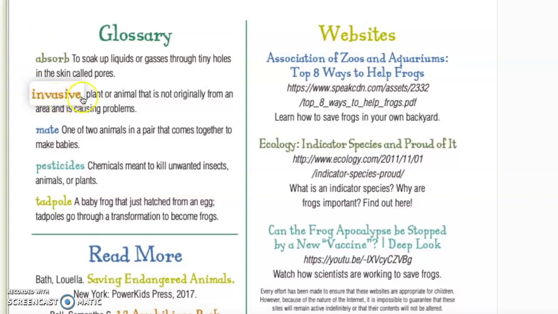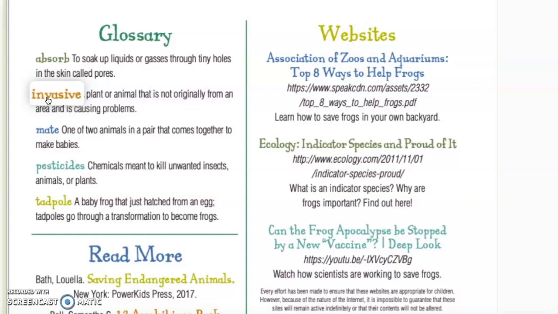Our next vocab word is invasive. Invasive means a plant or animal that is not originally from an area and it's causing problems. Sometimes we think about invasive species or invasive animals or invasive plants. They just mean they are invading the territory, invading the area.